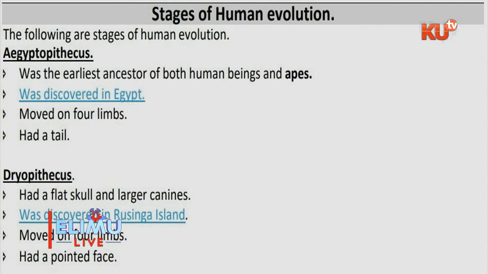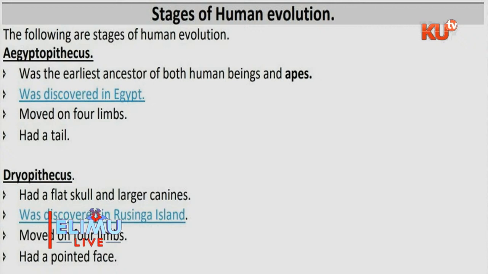This creature was in the form of an ape-like creature. It had 4 limbs and also a tail. We will be looking at how they appear as we move on from one stage to another.